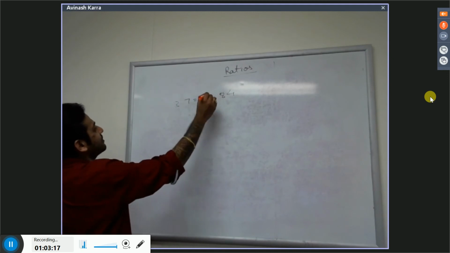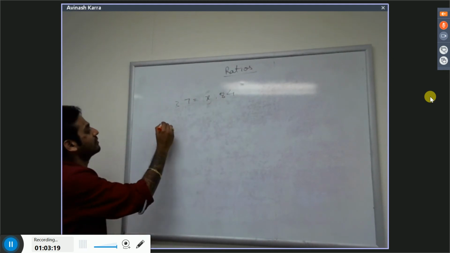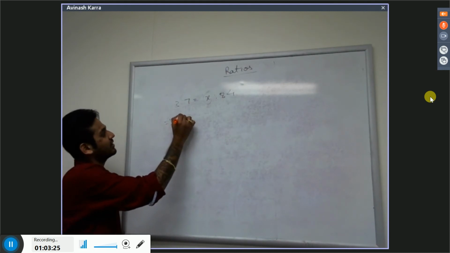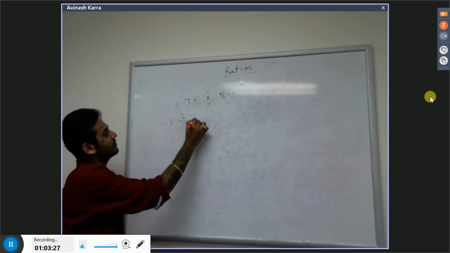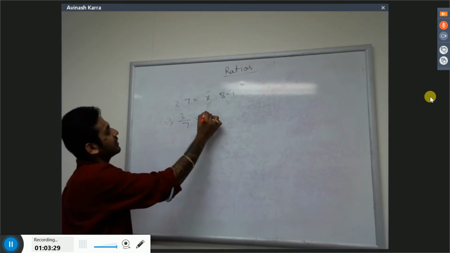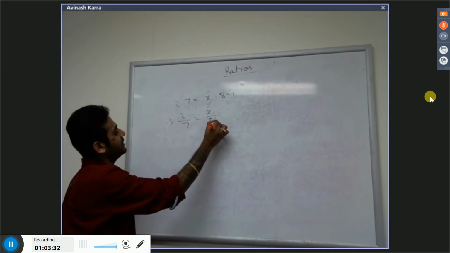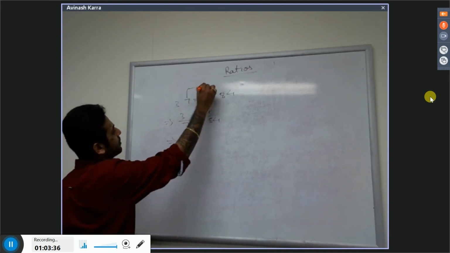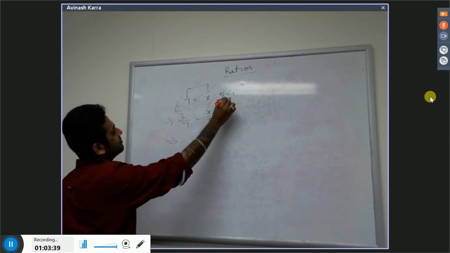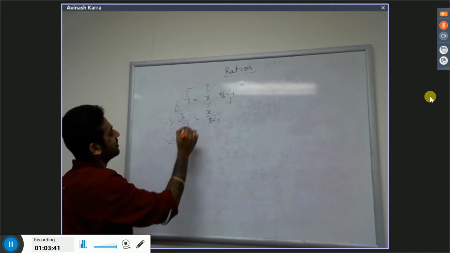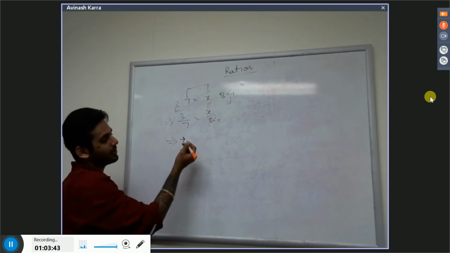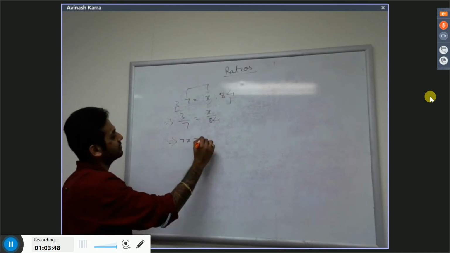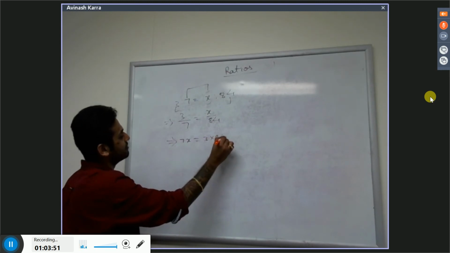What is the value of x? First, I'm converting this ratio into fractional form. 3/7 is equal to x by 84. Then cross multiply, or else you can apply product of means is equal to product of extremes. If I cross multiply also, I get the same. 7x is equal to 3 into 84.